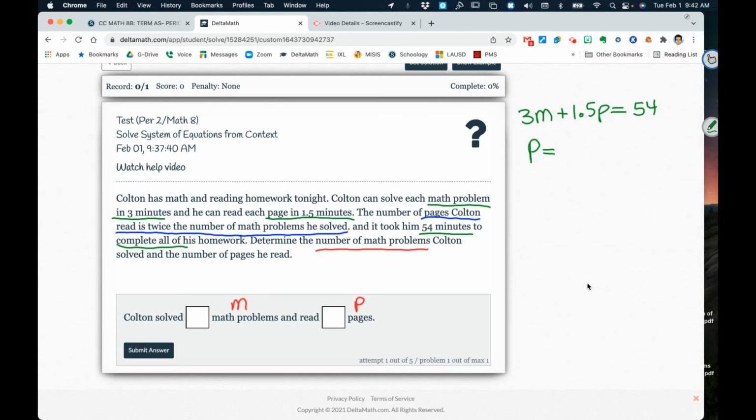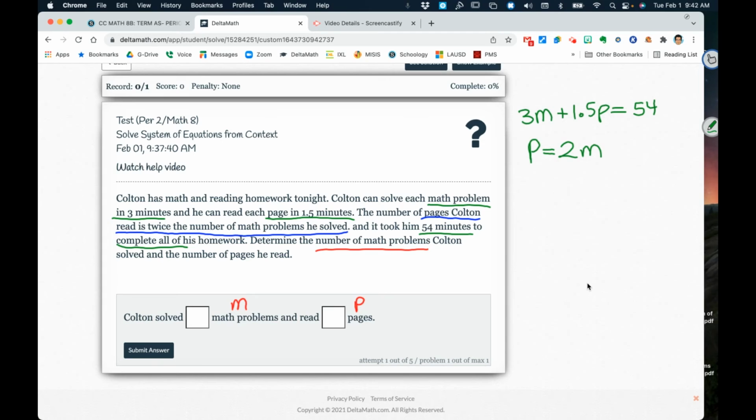So P equals 2 times what? 2M. That's how you figure those out. Figure out which one is the higher one. So to calculate the number of pages, you multiply the number of math problems times 2. And that's what I get from that phrase there.